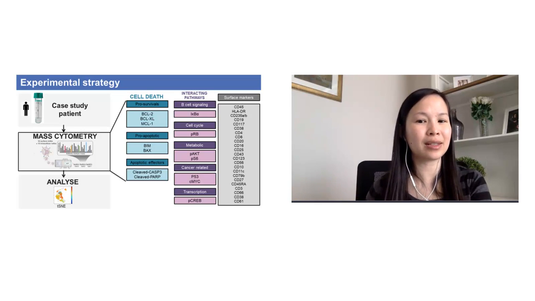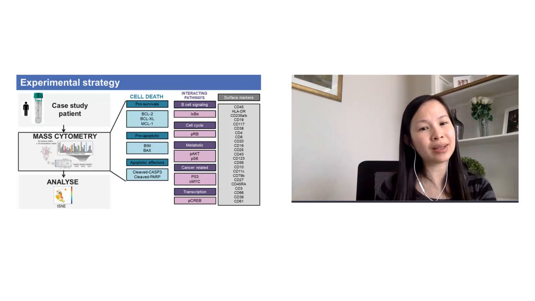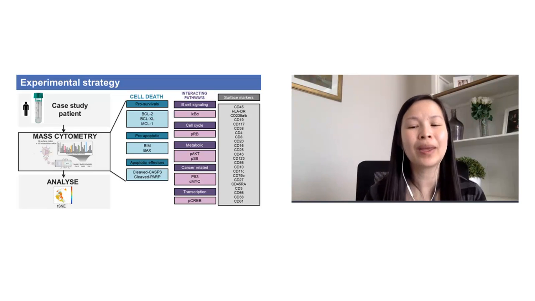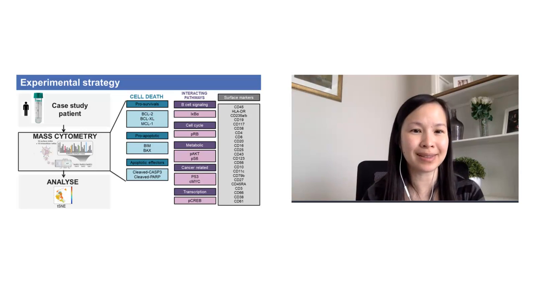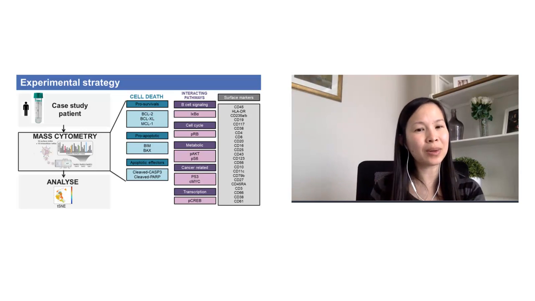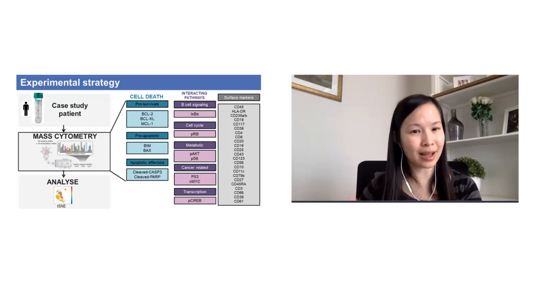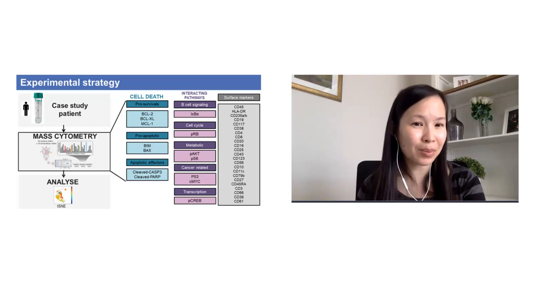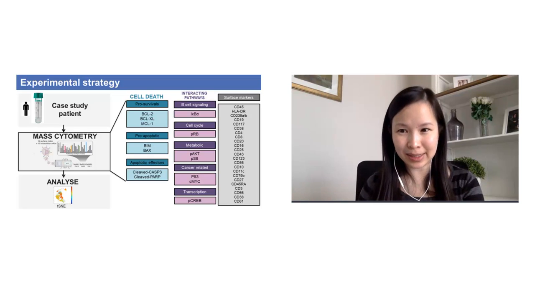So venetoclax targets the pro-survival protein called BCL2, but there are alternative pro-survival proteins that are present in people. And then because the patient was on ibrutinib, we decided to look at B-cell signaling pathways. So you can see how we decided to tailor the CyTOF panel to really look at the features that might be present in the patient sample.